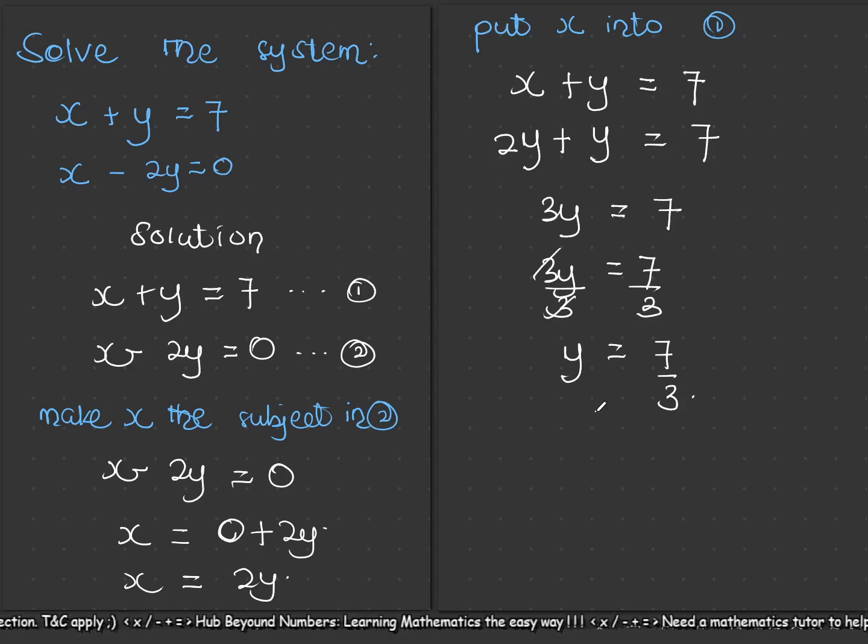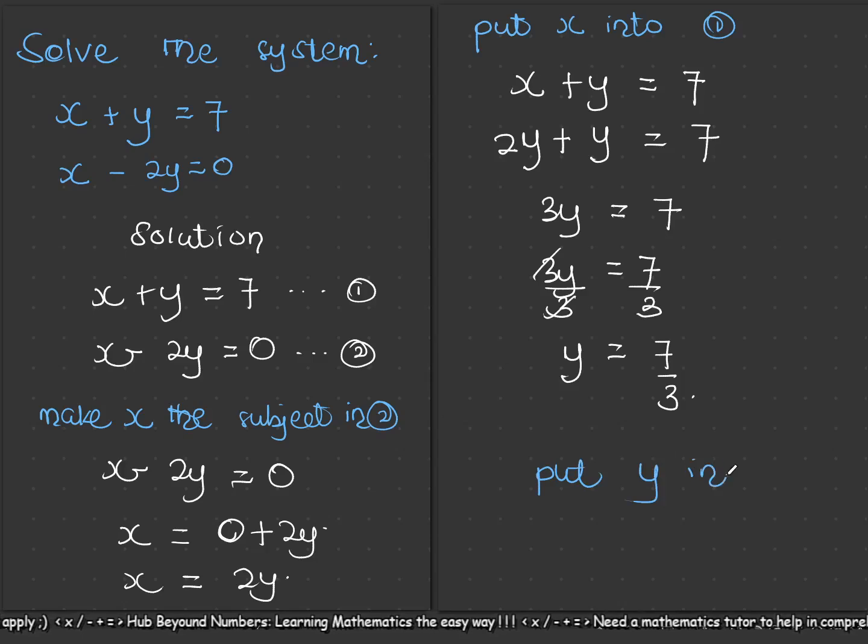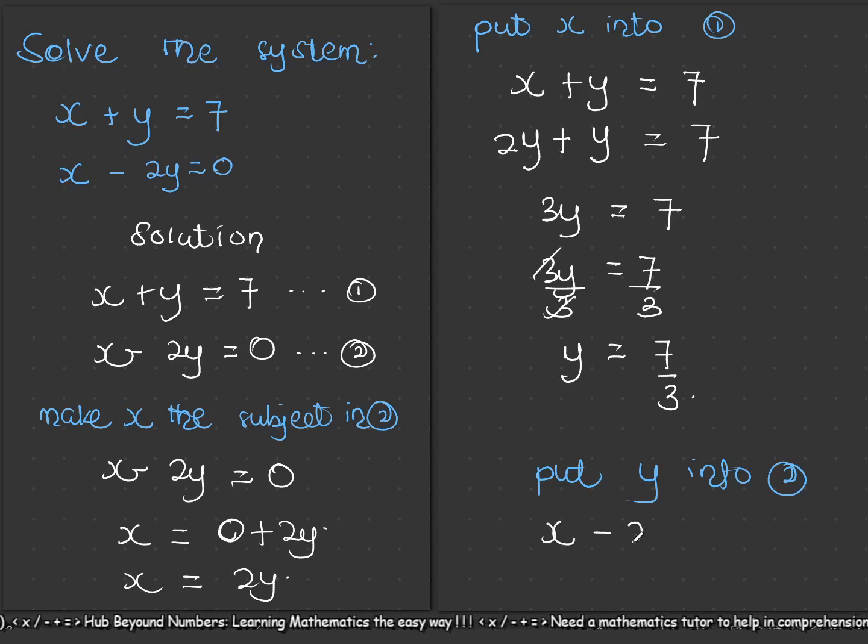Now the instruction says after solving for one of the variables, you now put it back into any of the equations to solve for the other variable. So let's put the y that we've gotten into any of the equations. I'll choose to put it into equation 2. Putting it in equation 2, we have x minus 2y equals 0.